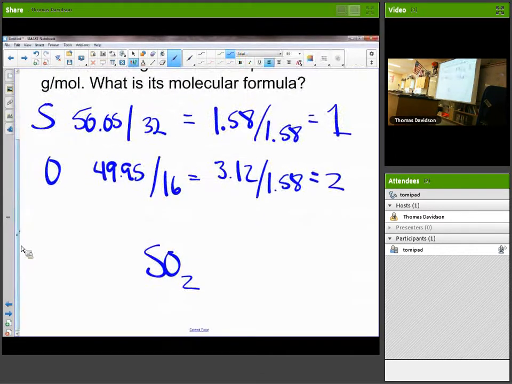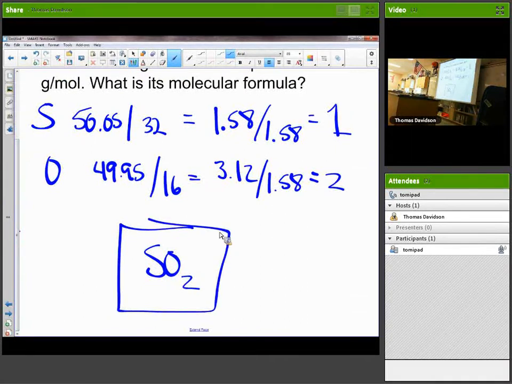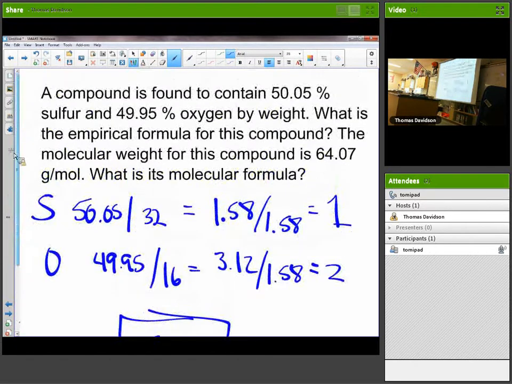Okay, who had SO2? Okay. Now, here's why we got to get things to moles. If you just look at this formula and you're a non-educated chemistry kid, you'd say it's 50% sulfur and 50% oxygen, so they must just be SO, half and half.